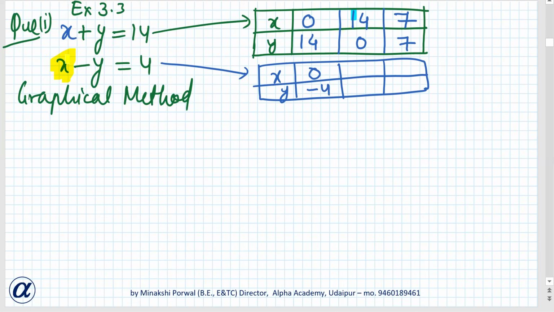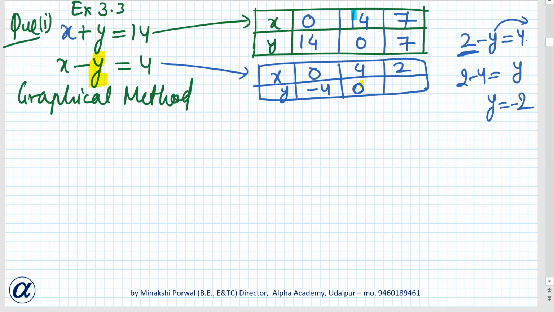When y is 0, x is 4. When x is 2, what is the value of y? 2 minus y equals 4, so y equals 2 minus 4. So y is -2.